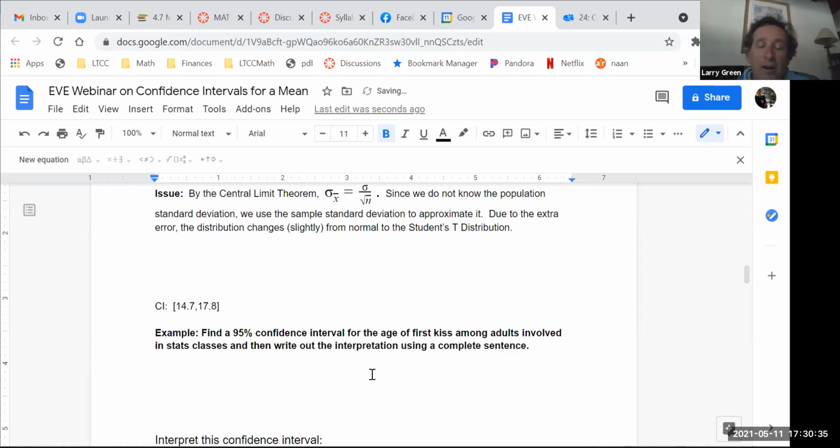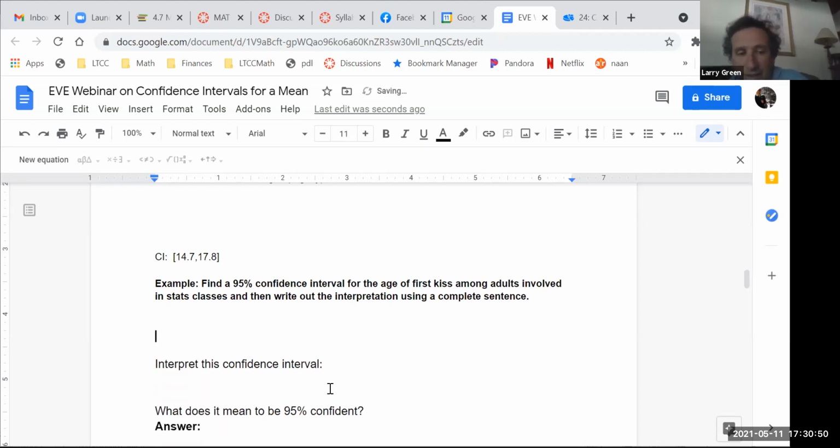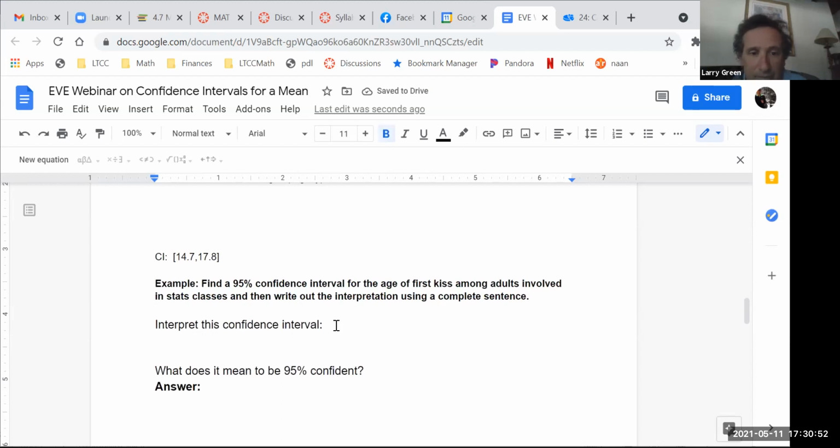And I want to let you know we're moving into the part of the class where there's going to be a lot of writing. So make sure that you get used to the writing. So let's see if we can interpret this confidence interval. Any questions on the question?